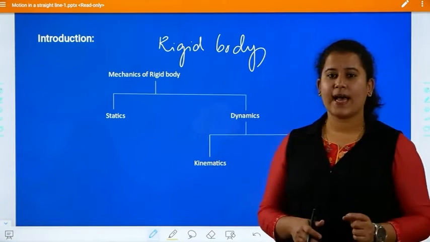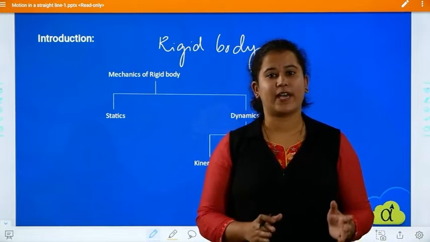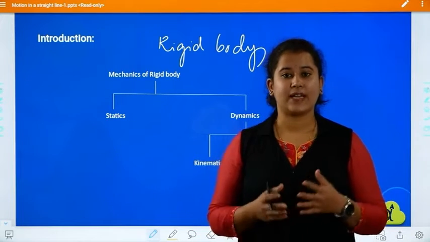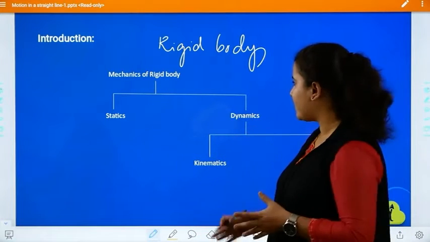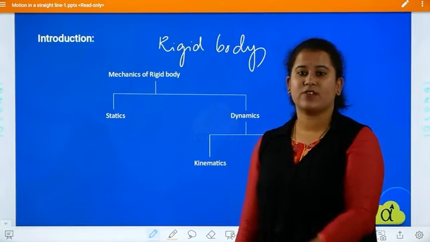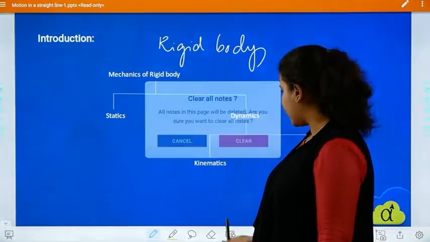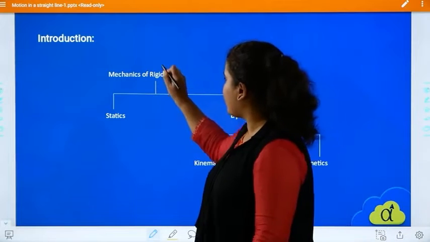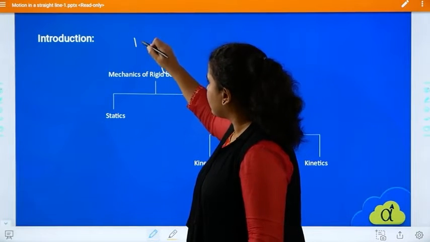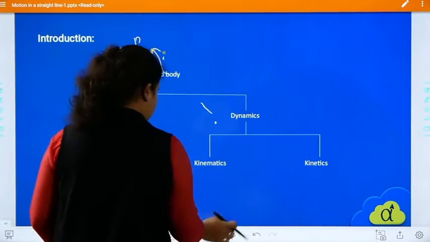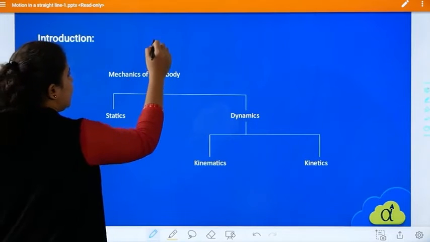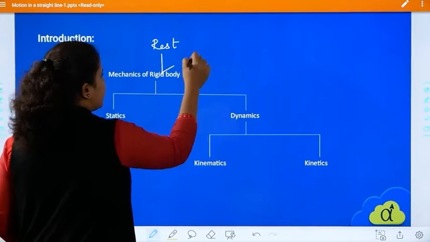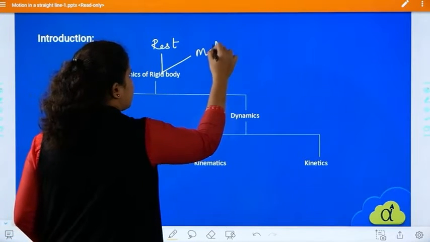Clear? So what happens whenever we consider the mechanics of the rigid body? Mechanics of the rigid body means you will be having two types of mechanics. One is when the rigid body is at rest, and another is when it is in motion.